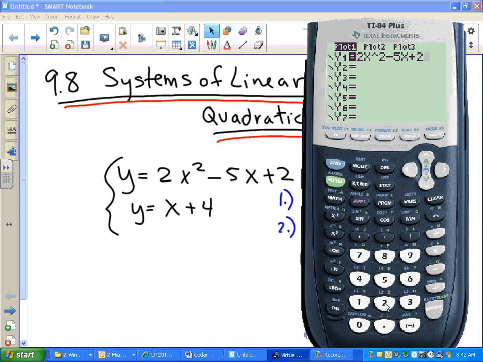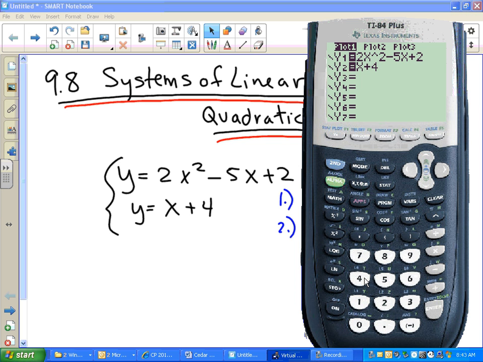All right, so type that in for the y1. Yes? Yeah, you can just hit the x squared button. I choose to do the caret 2, but whatever you want to do is fine. All right, use the arrow, go down to y2, type in there x plus 4.